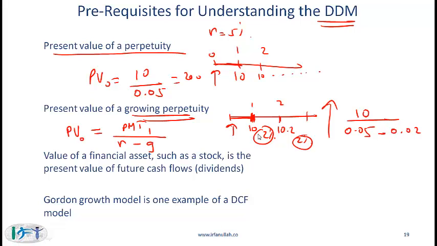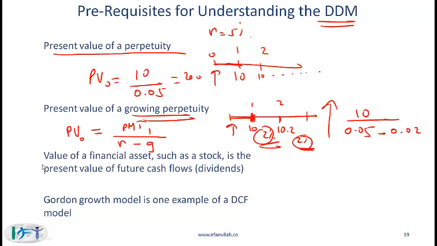This cash flow is important in finance because very often dividends or cash flows grow at a particular rate. When a company is stable, then the earnings or the dividends might grow at the GDP growth rate.